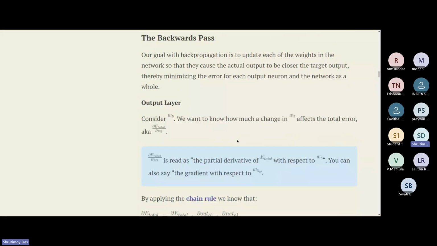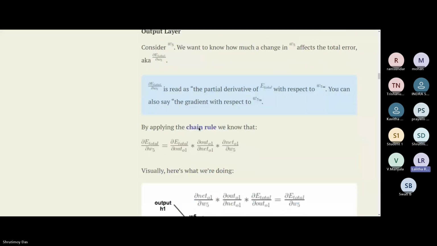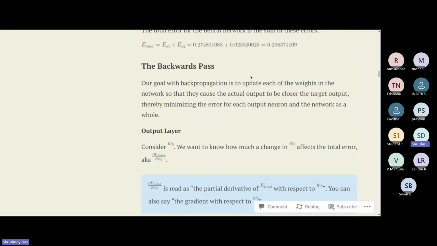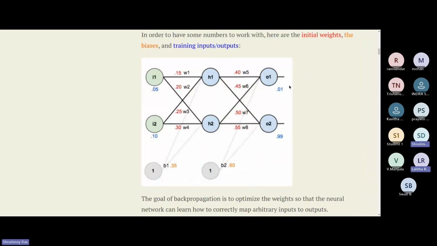So let us start. There should have been two images, but okay. This output is dependent on O1, and O1 is dependent on W5. W5 depends on H1, H1 depends on the pre-activation before H1, and that depends on W1.